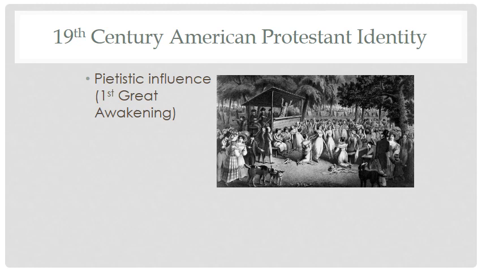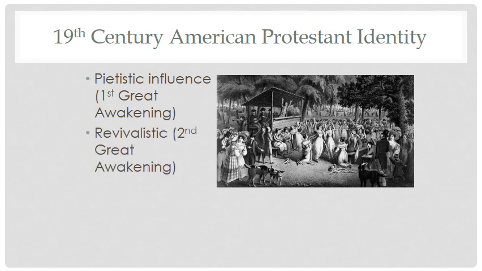Of course, that's something near and dear to us as evangelicals, the idea of conversion, that we go from a state of estrangement from God to a state of reconciliation with Him. And that involves a change within the heart. Heart religion is what pietistic thinking has brought to American religious identity.